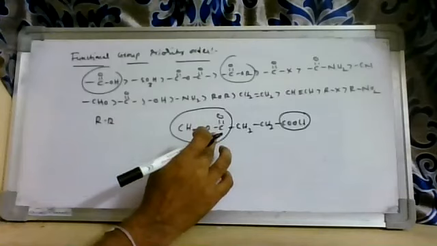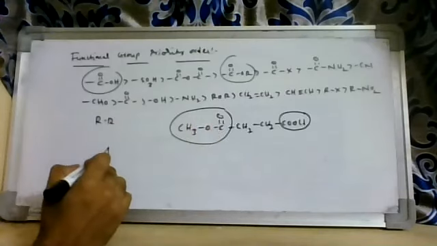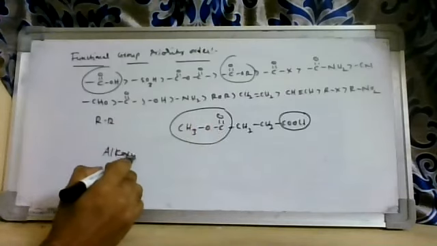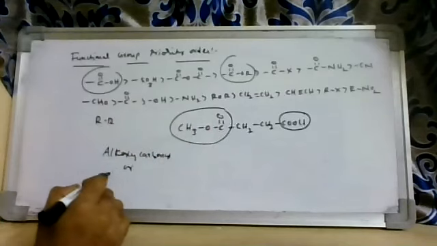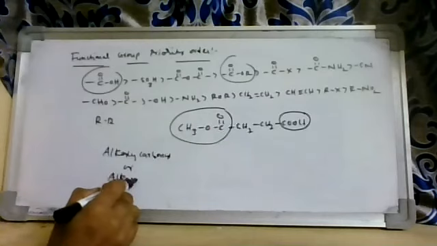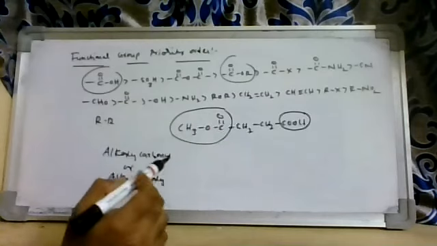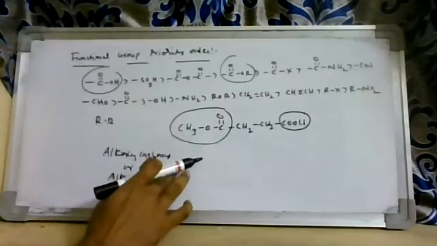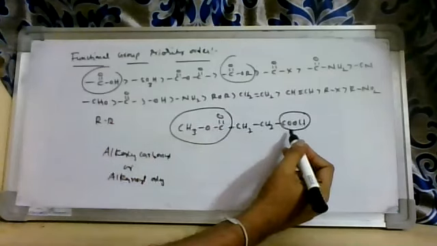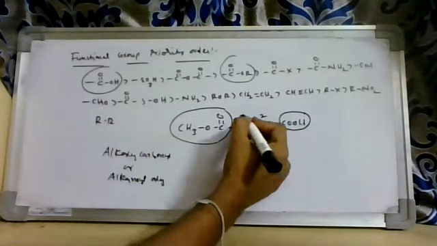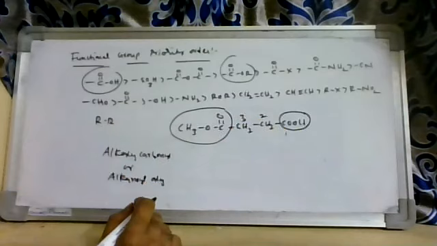Suppose ester is prefix, we call it alkoxycarbonyl or alkanoyloxy. Here acid is the main functional group, so give numbering from acid 1, 2, 3. Here ester is the substituent.